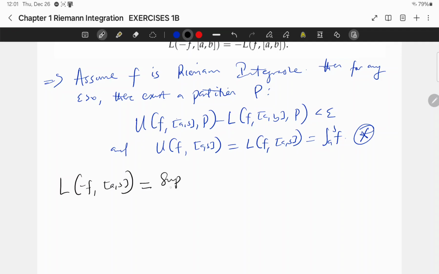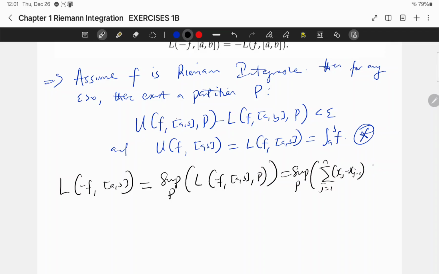By definition, this is the sum over the partition P of the lower Riemann sum of minus f, that is, sup over P of the summation j equals 1 to n of the infimum of minus f on the interval s_j minus 1, s_j times (s_j minus s_j minus 1).